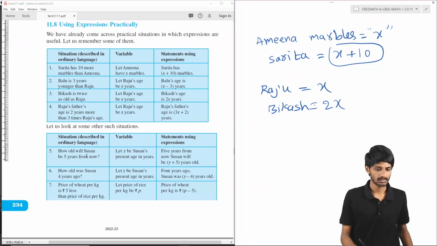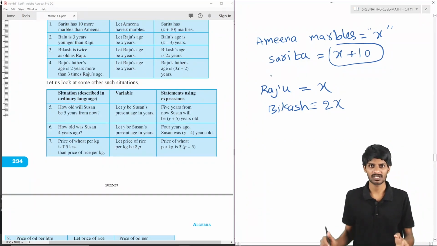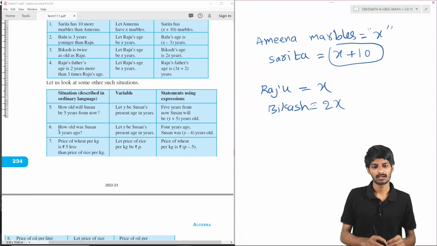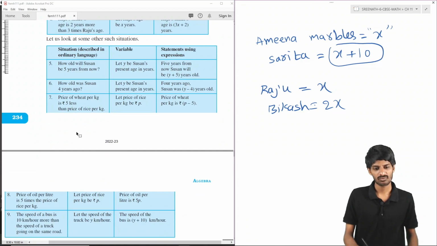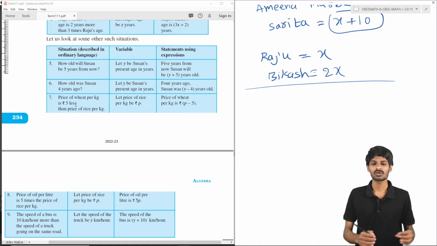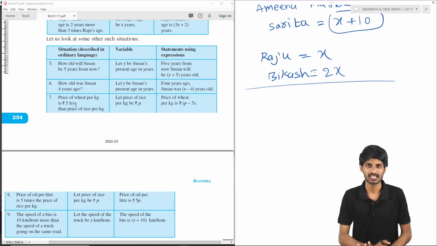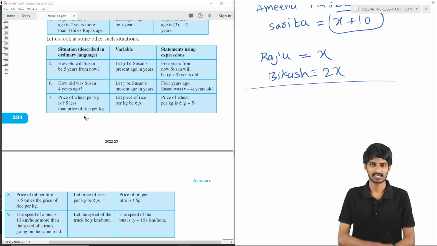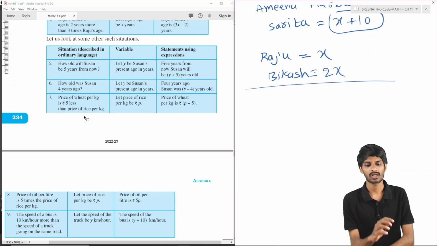Okay. Now here, previously we have converted the situation into expression. There is a situation: the price of wheat per kg is 5 less than the price of rice per kg. Can you solve it, students? What is the price of wheat per kg? We don't know, but they have given that it is 5 less than the price of rice.